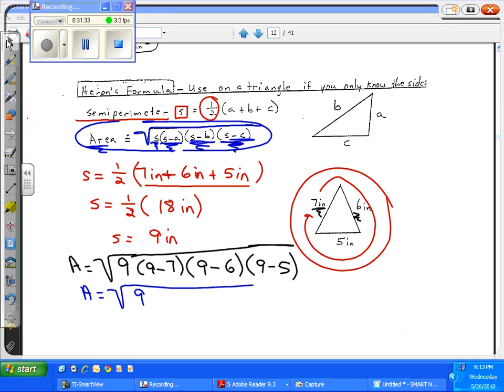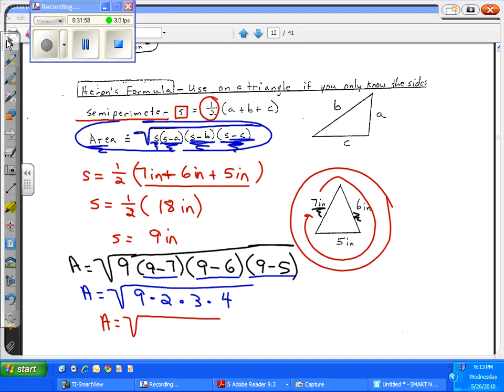So area is equal to square root of semi-perimeter 9 times 9 minus 7 is 2 times 9 minus 6 is 3 times 9 minus 5 is 4. So area is square root of 9 times 2 times 3 times 4.